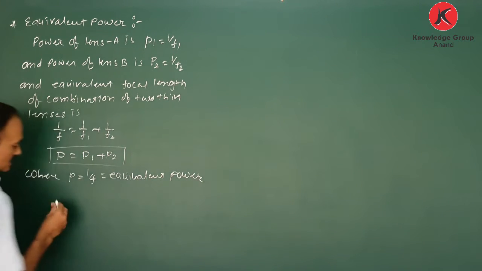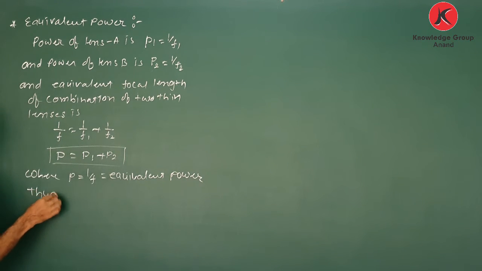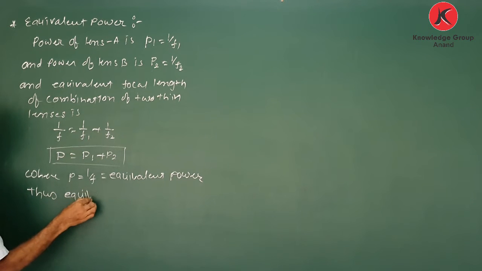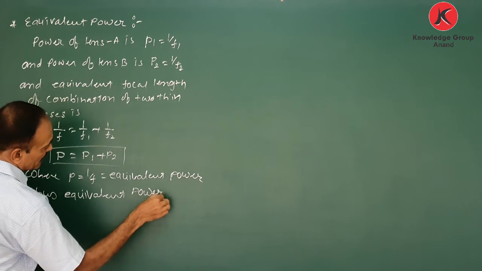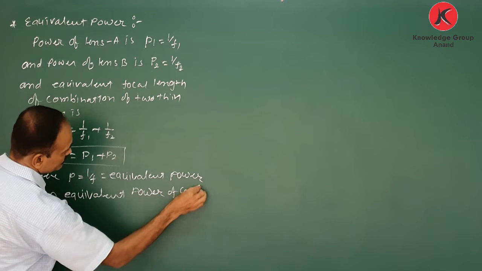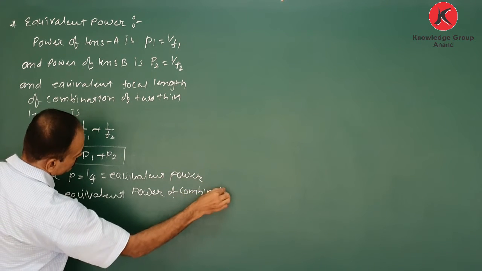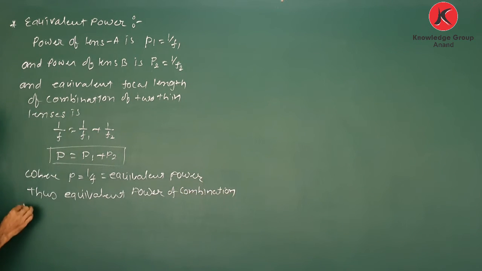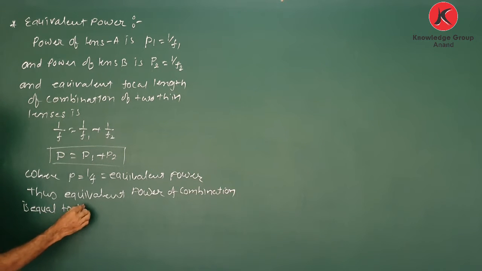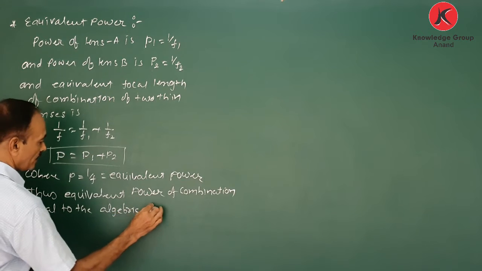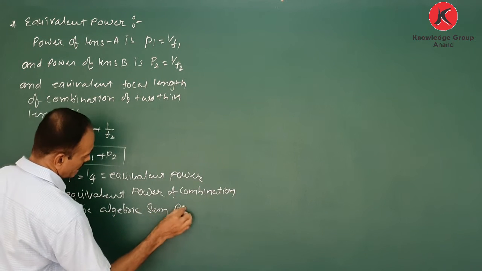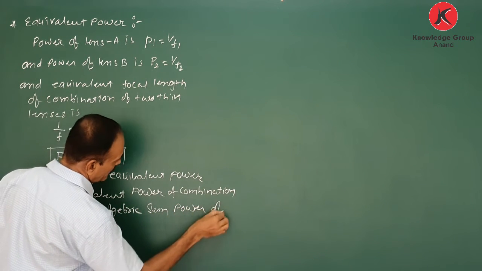Right? Thus, the equivalent power of the combination is equal to the algebraic sum of the power of each lens.